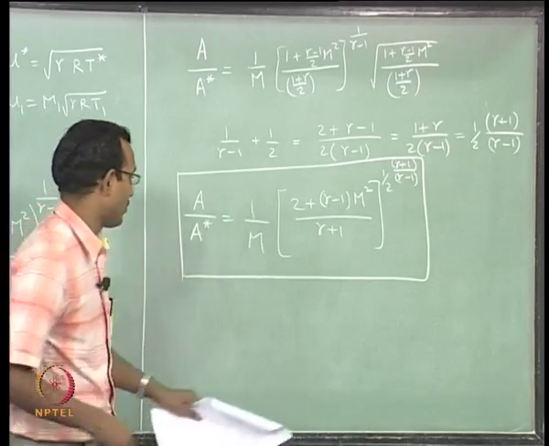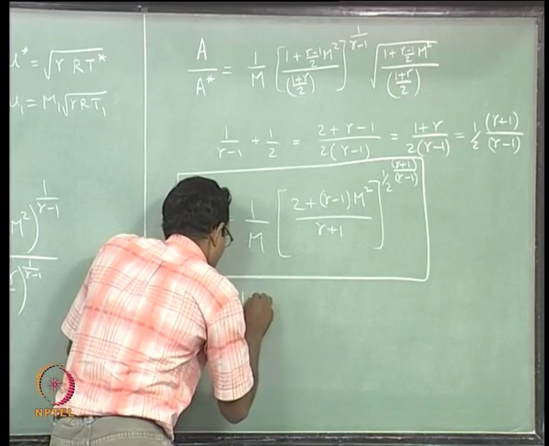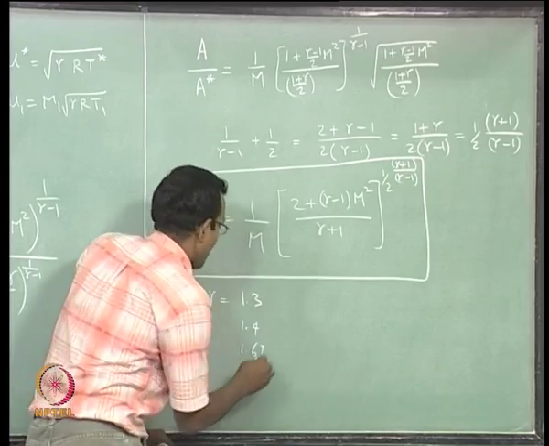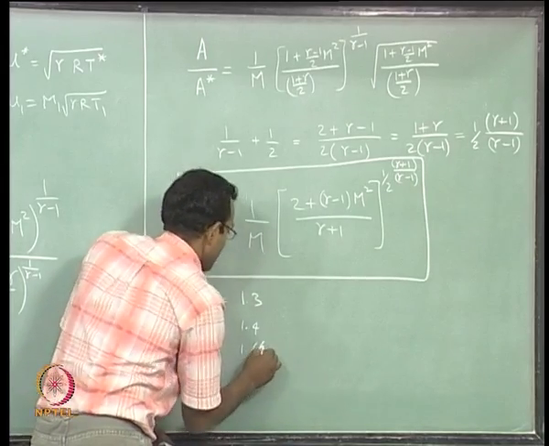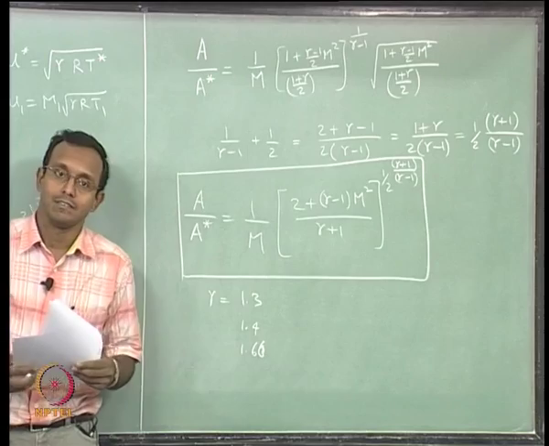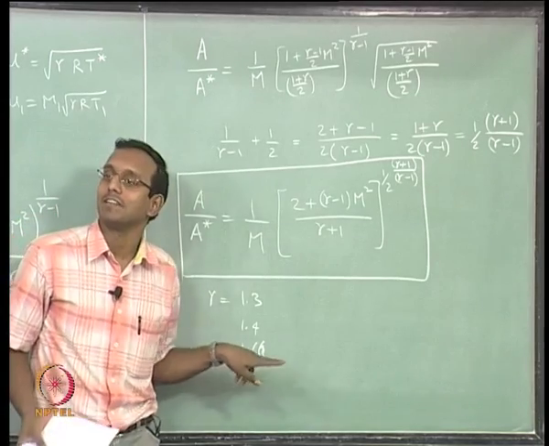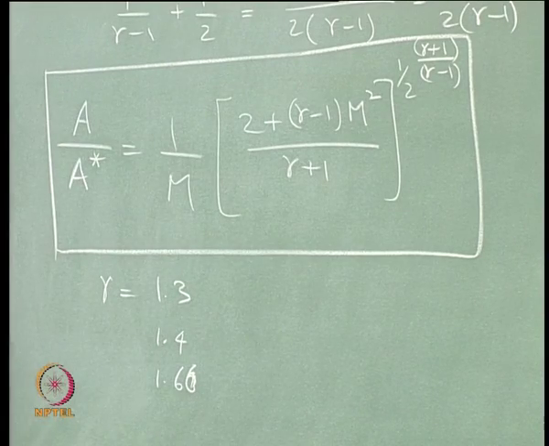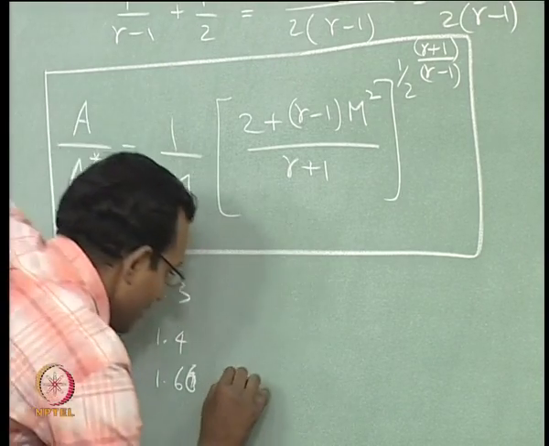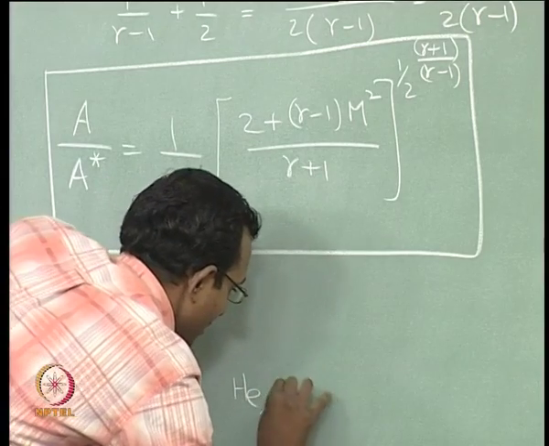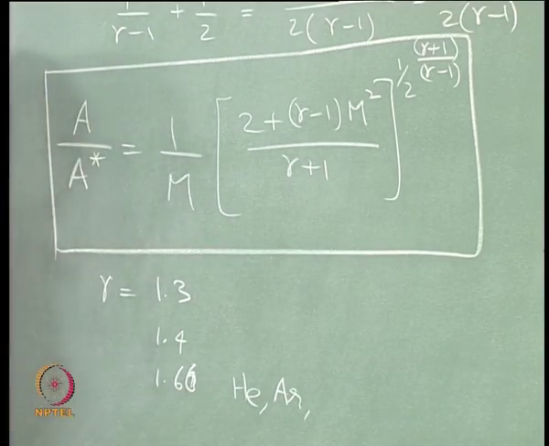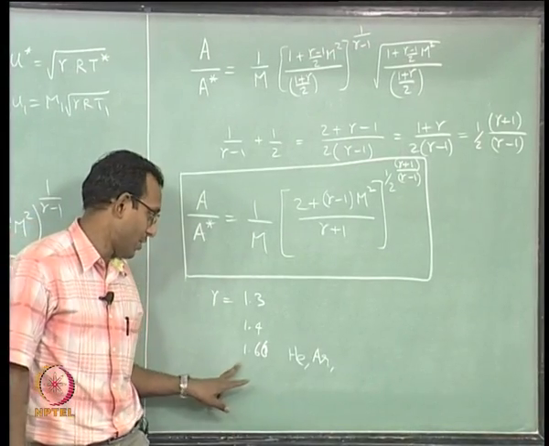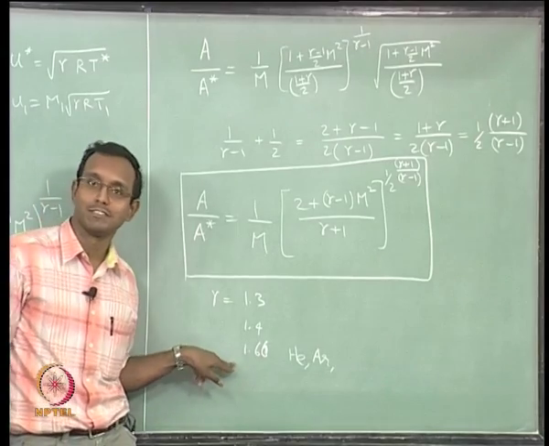Typically there are tables for gamma equal to 1.3, 1.4 and 1.67, or 1.6666 bar, that is 5 by 3. What is special about these? Inert gases like helium, argon, etc., or monatomic gases like a hydrogen atom, will all follow gamma equal to 1.67.